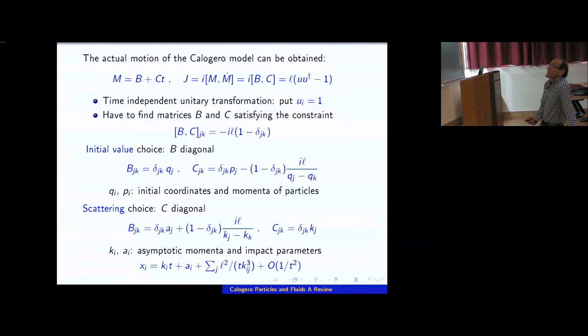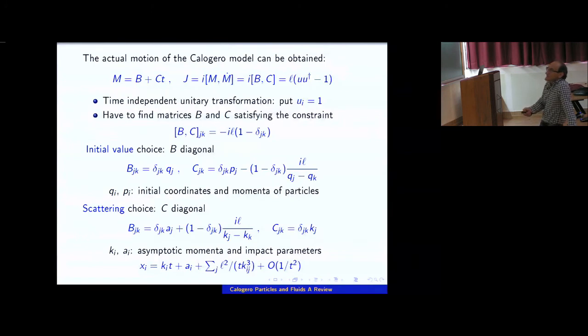But now you see what happens, because this matrix C is multiplied by time t. At large times, the eigenvalues of M will be fixed by the eigenvalues of this matrix, plus the diagonal elements of this matrix. That's standard perturbation theory. The off-diagonal elements don't contribute.